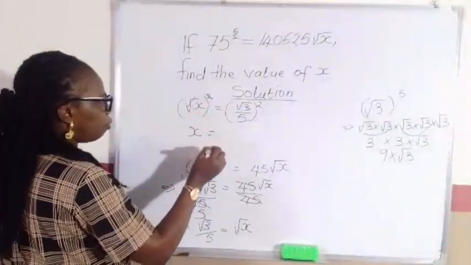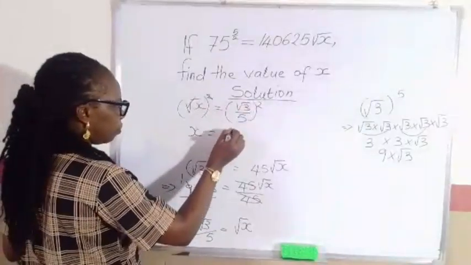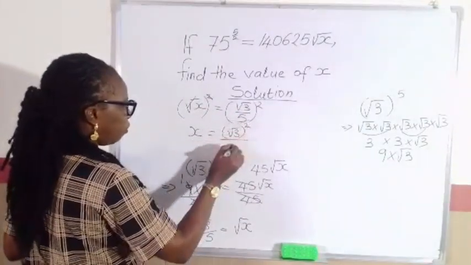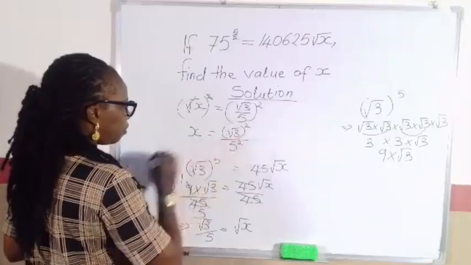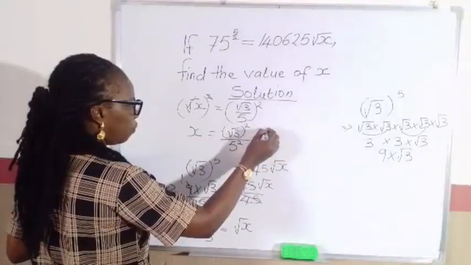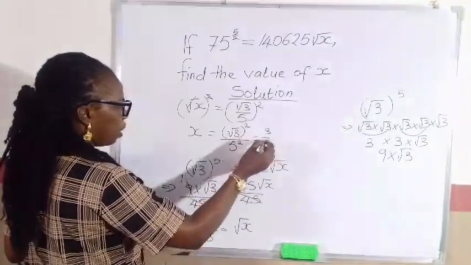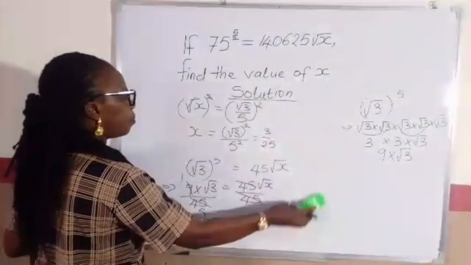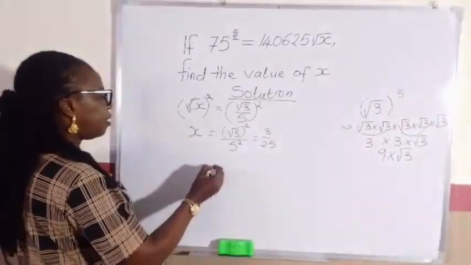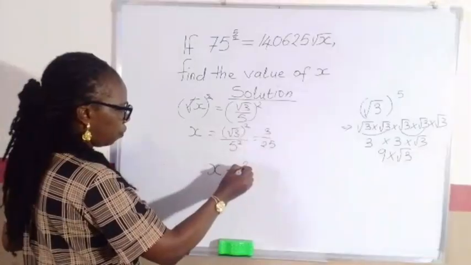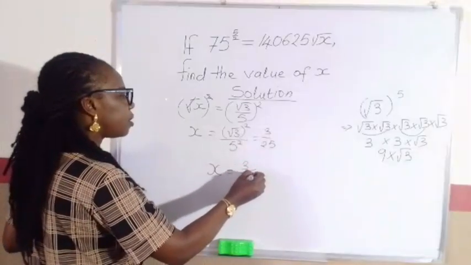Our x is equal to square root of 3 all squared over 5 squared. Square root of 3 squared is equal to 3 and 5 squared is equal to 25. Finally, x is equal to 3 over 25.